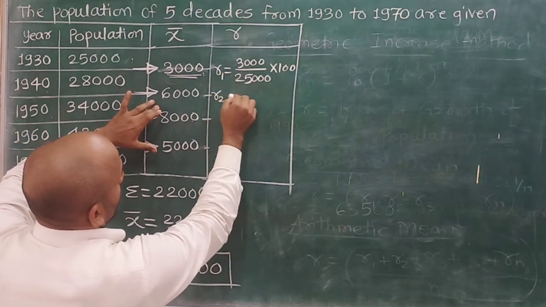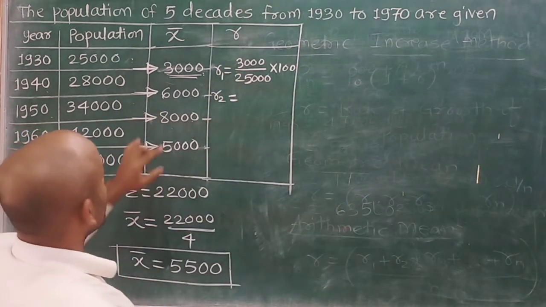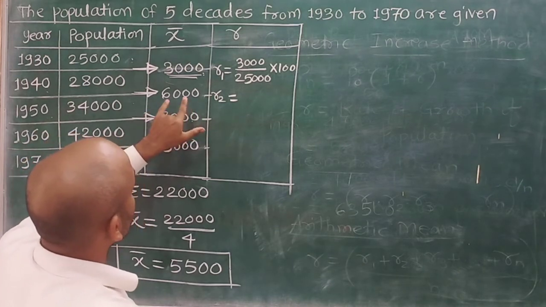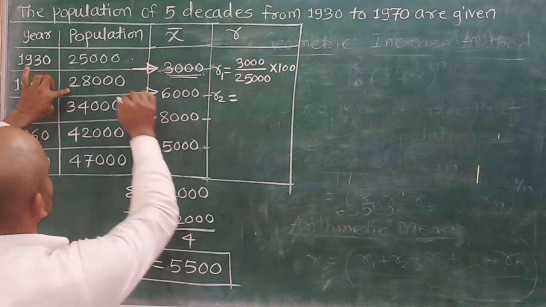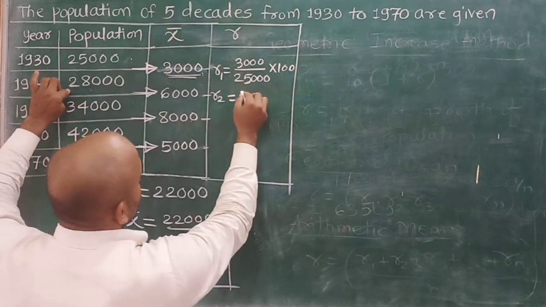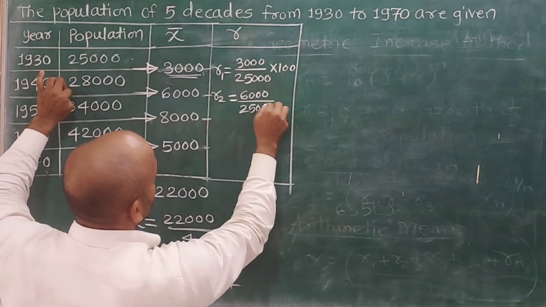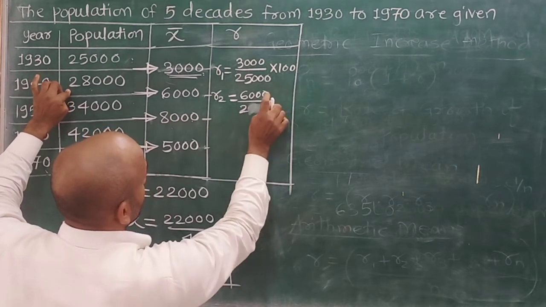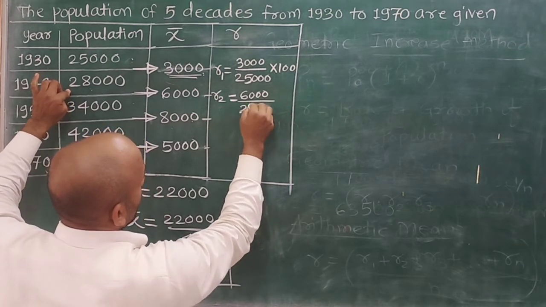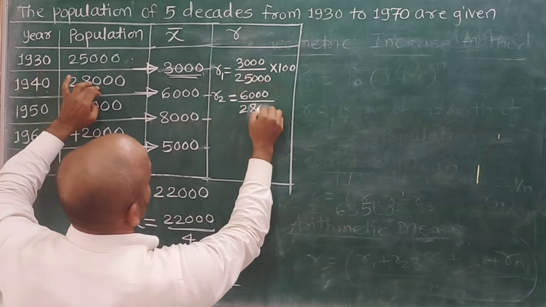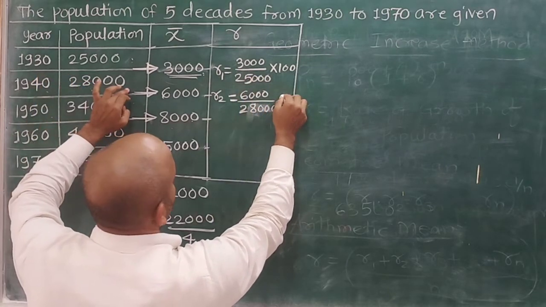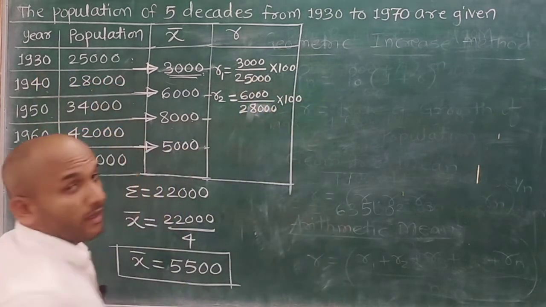Again find out R2. R2 will be what? This 6,000 population increase over the population of 28,000. So 6,000 upon 28,000. Here it is 28. Earlier it was 25. So 28,000 into 100. R2.